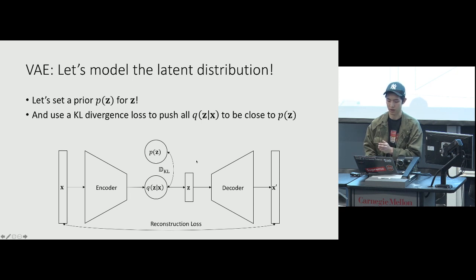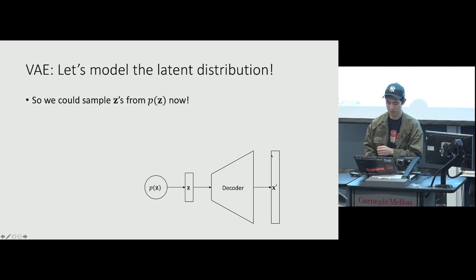And we also want some distribution constraint, to regularize this latent distribution for this latent representation. Now we have the prior for the z, so we could just draw a sample from this prior, and we could generate some x. The story here seems simple enough.